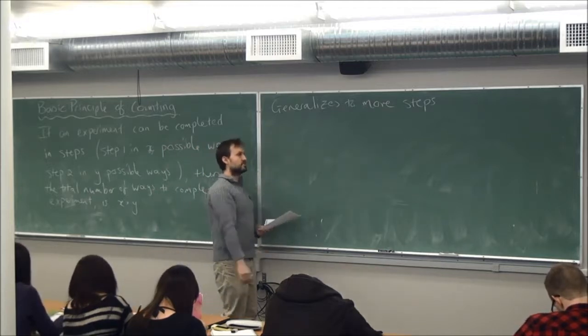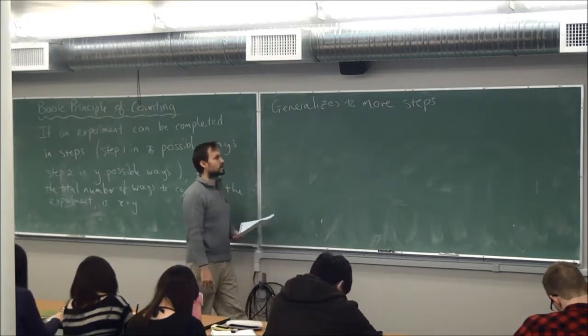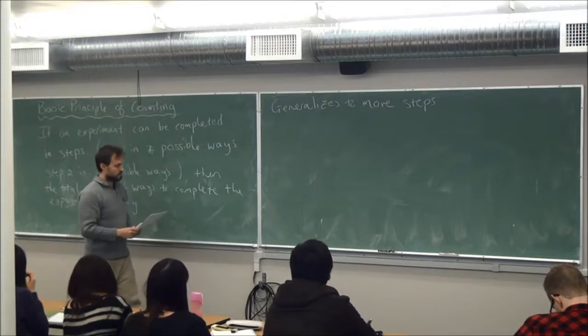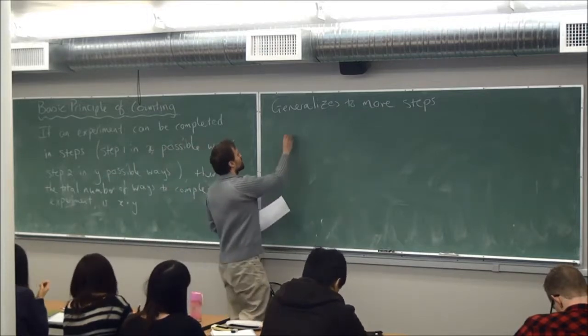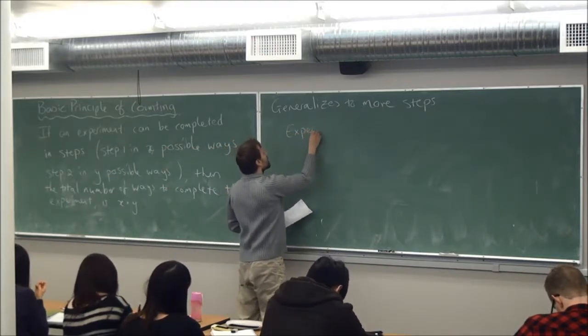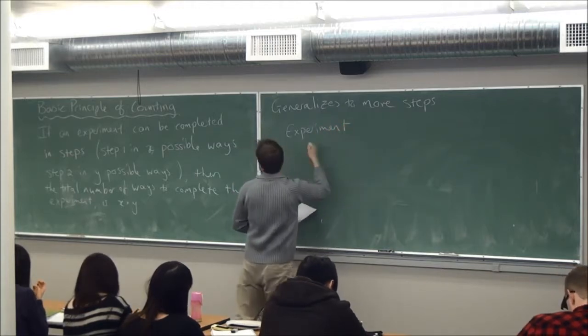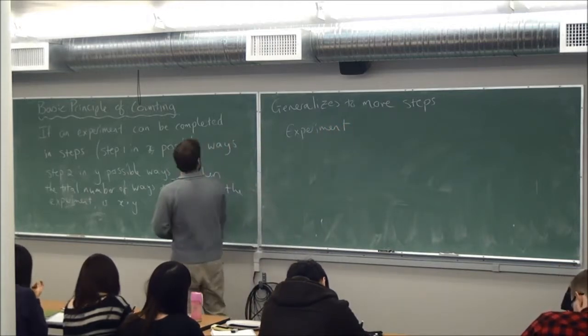If I have other things I have to choose to make a more complicated name tag, I still do 1 at a time. Let's suppose I have an experiment. I won't write out the whole sentence. It's just generalizing this idea to more steps.